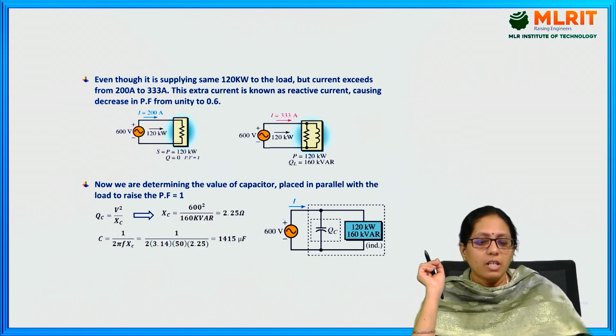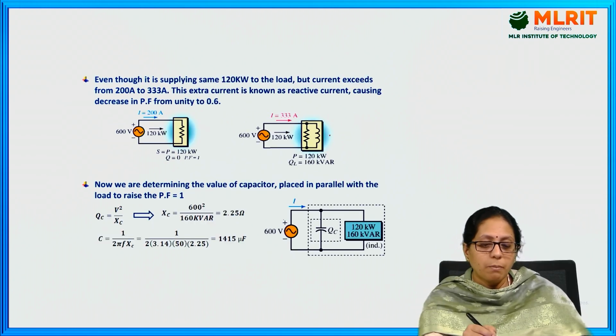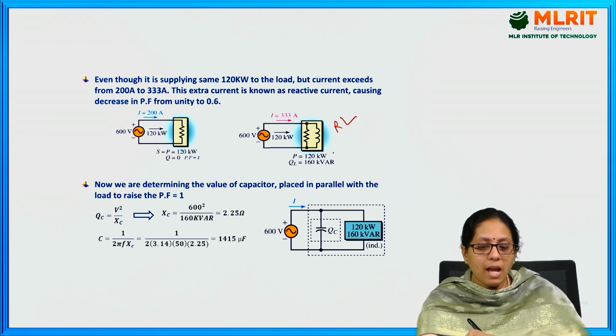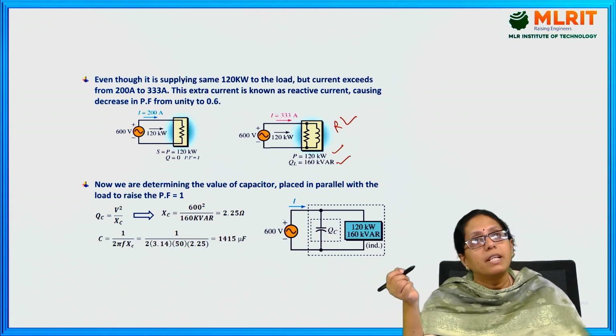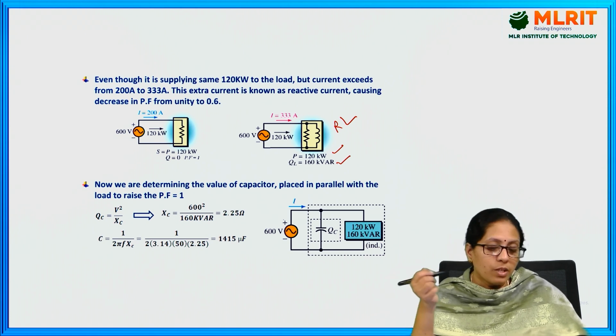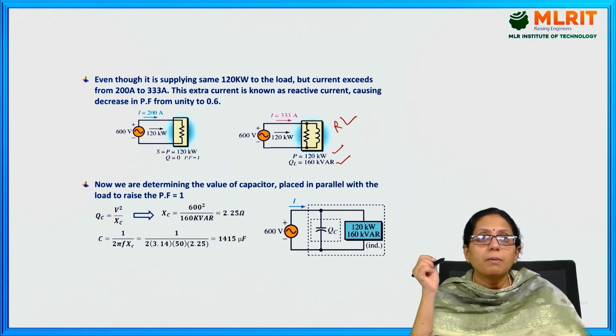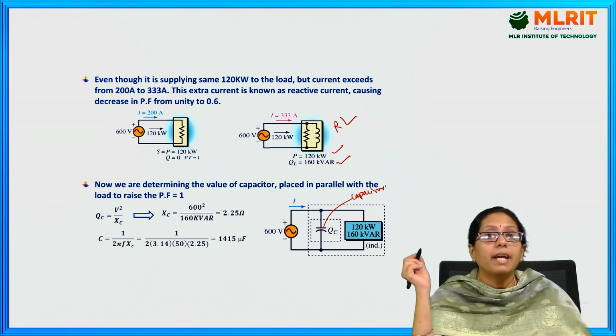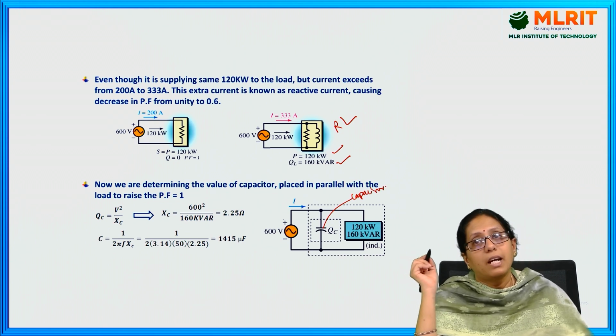In this picture again the same picture, that is R and L are connected in parallel. So you will be having active power as well as reactive power both. And in the third picture you will be having a capacitor connected here.